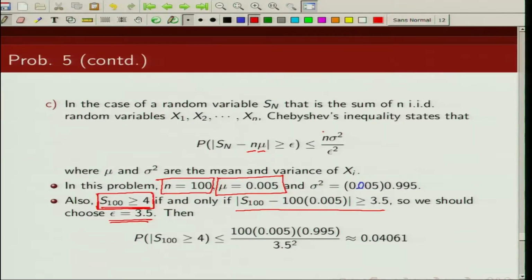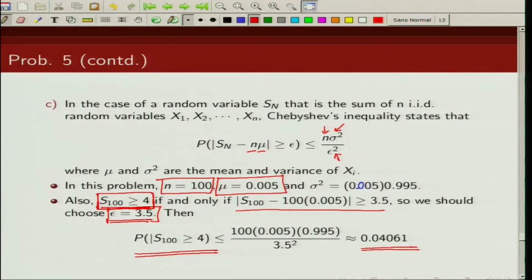So if we plug in the value of n, sigma square and epsilon, which is 3.5, in here we get the condition that the sum contains 4 or more ones. That probability comes out to be upper bounded by 0.04061.